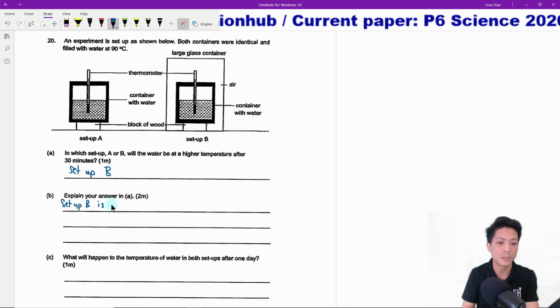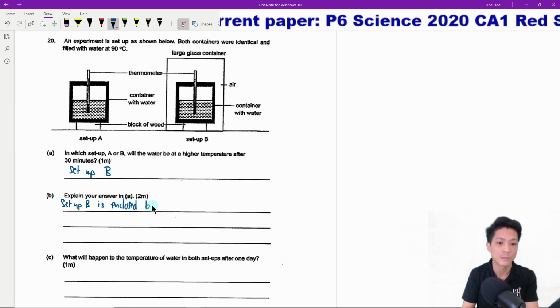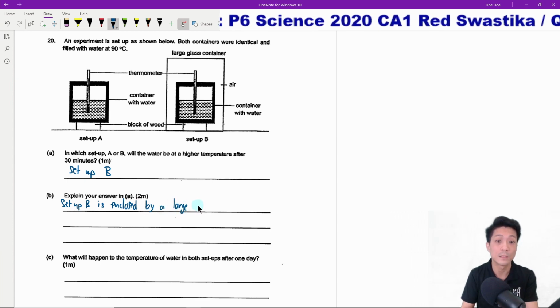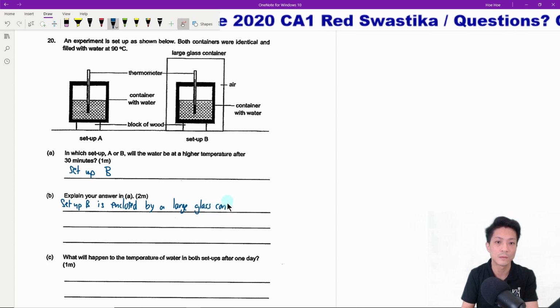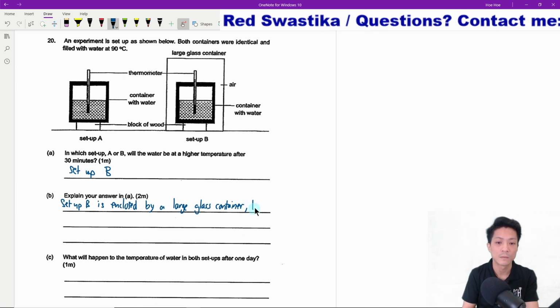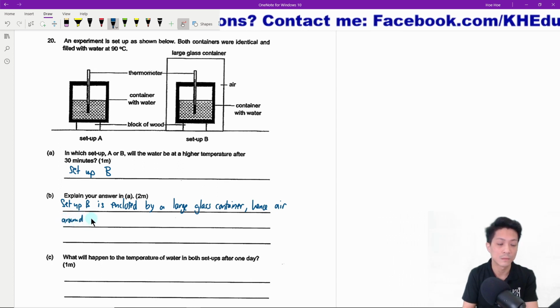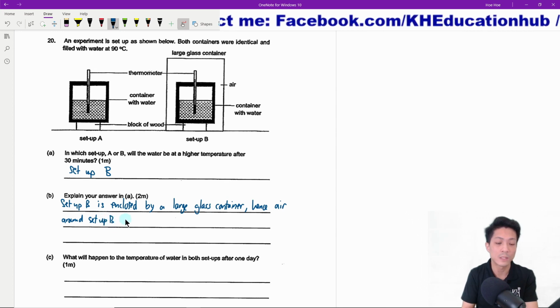Setup B is enclosed by a large glass container, hence air around setup B cannot escape.